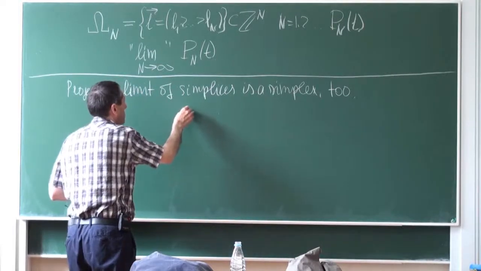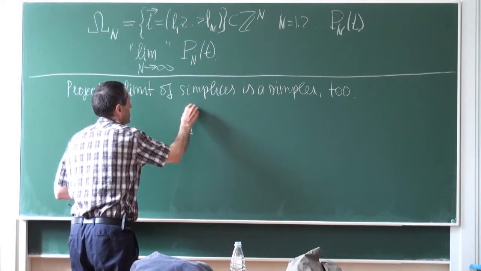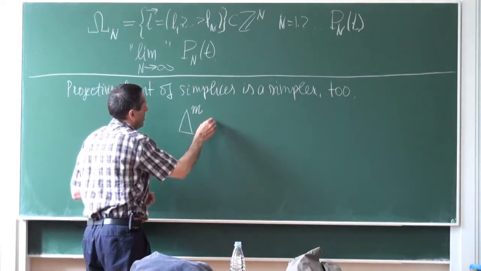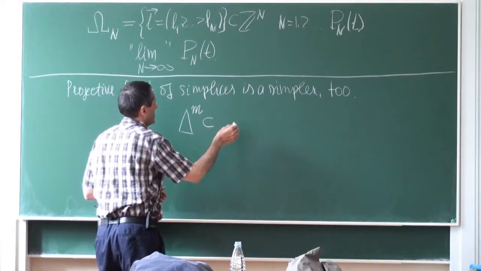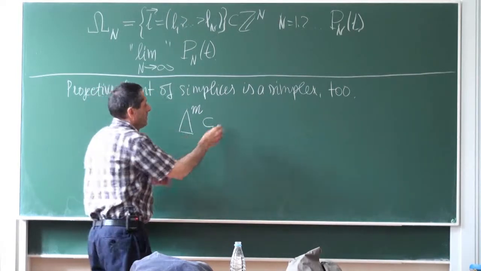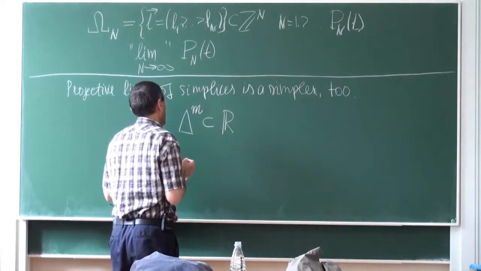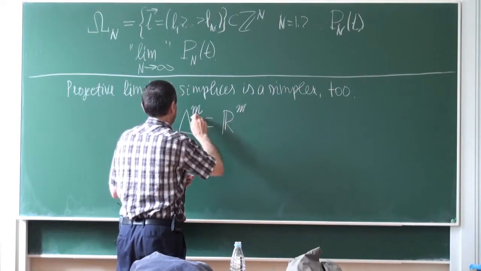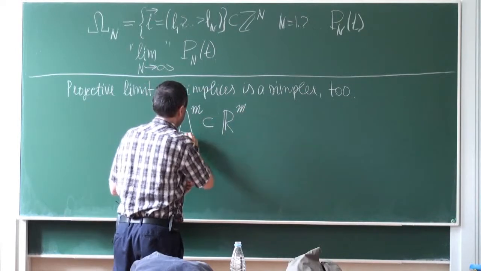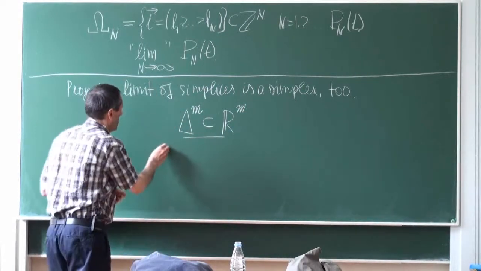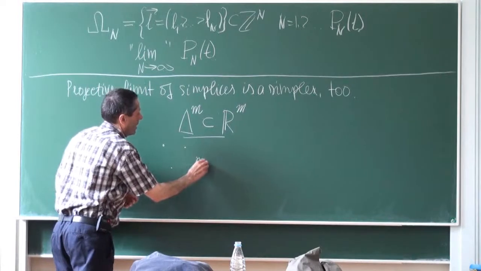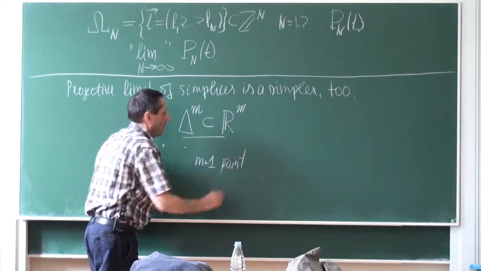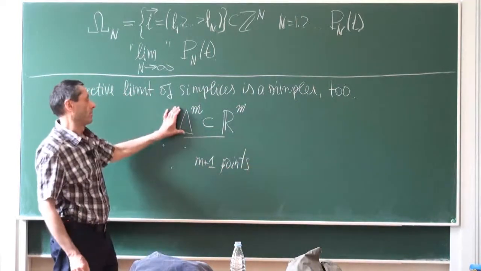This is a well-known object. If you want to define a geometric simplex, this is a geometric body in R^m, where m is the dimension, and you have m plus 1 points and a convex envelope of them.